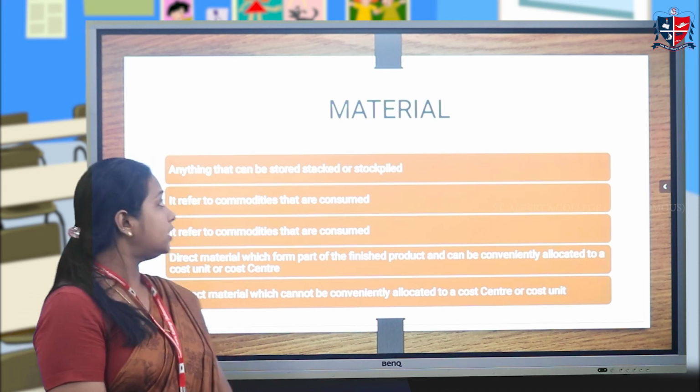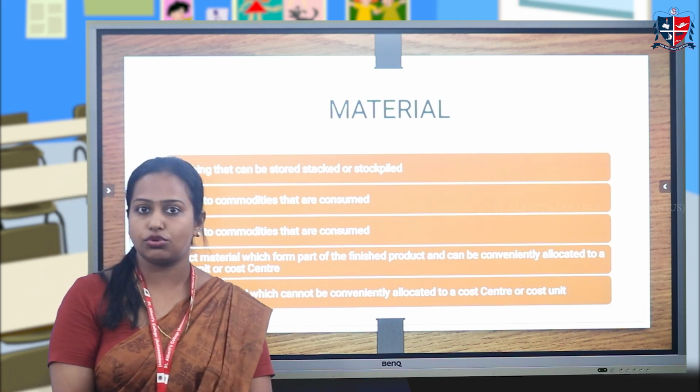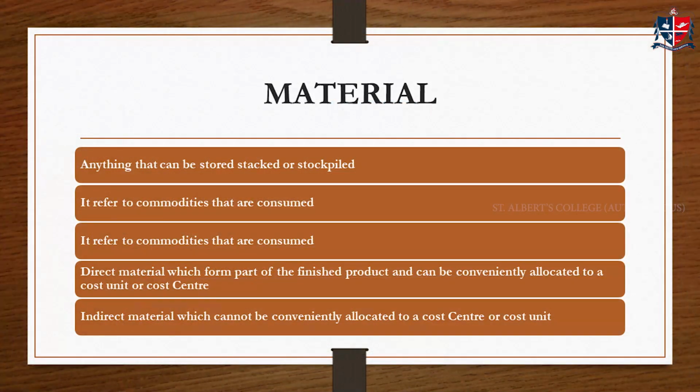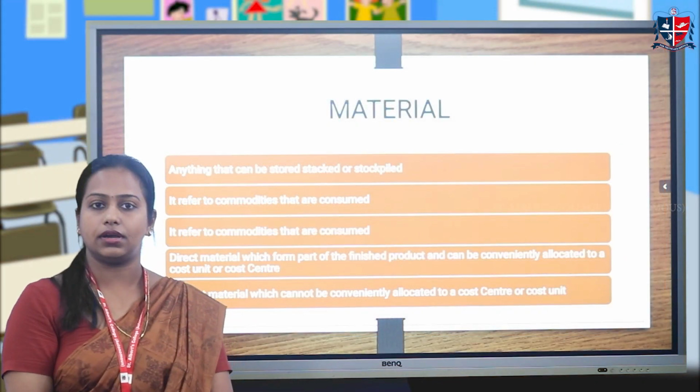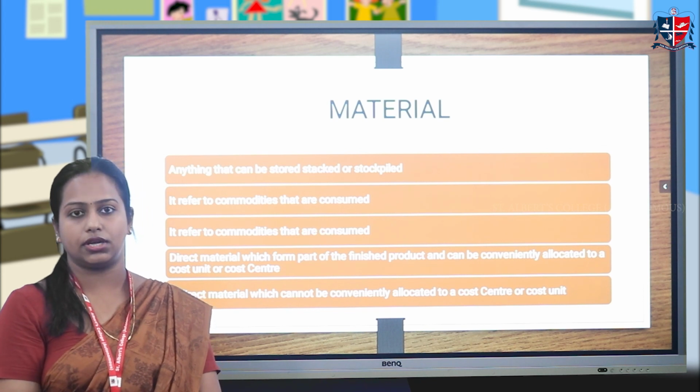Material is something that can be stored, stacked or stockpiled, and it is divided into two: direct material and indirect material. Direct material is one which can be allocated to a cost center or a cost unit, or which forms an integral part in the production of that particular product.